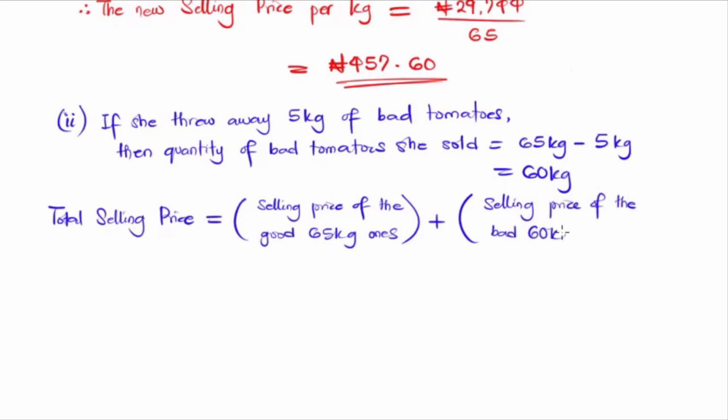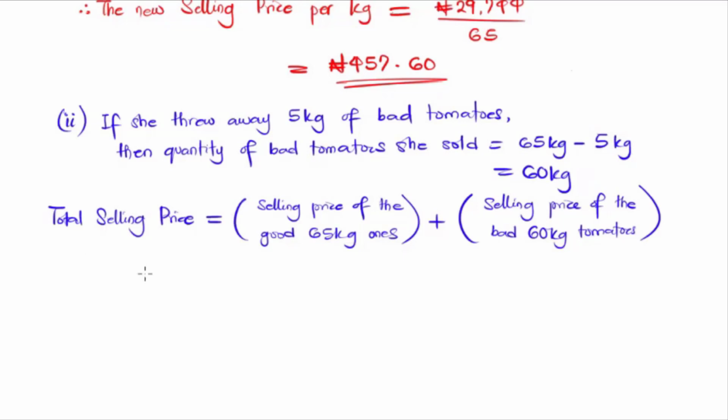Now it's not 65, it's 60 because she had thrown away 5 kilograms. So if you get the understanding of this analogy, then we can go ahead to solve for the total percentage profit of what she got. We have good 65 kilogram and bad 60 kilogram. 5 kilogram have been thrown away.